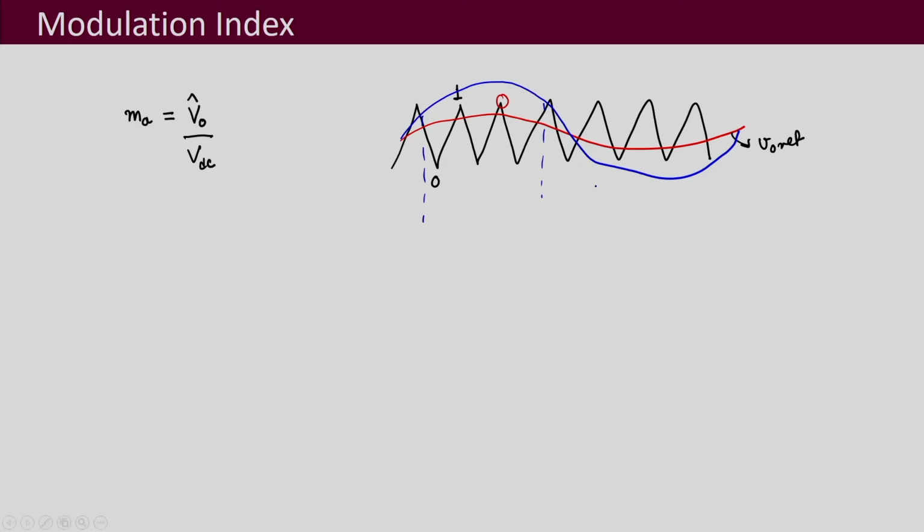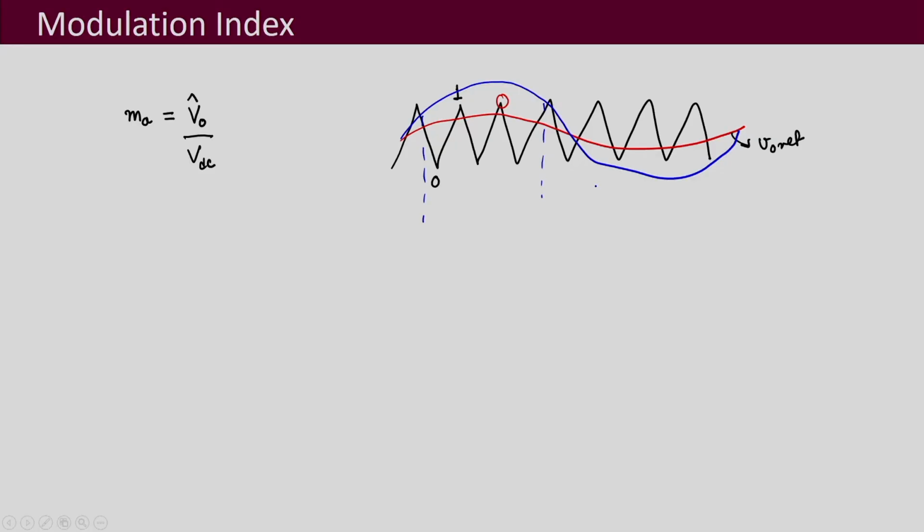That means we are losing control over the desired average waveform that we were targeting. It is not going to come by the PWM method, and it will have more harmonics, and lower order harmonics may start coming as well.